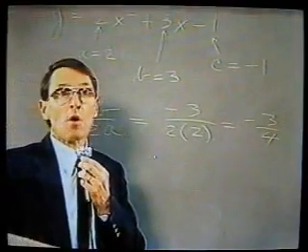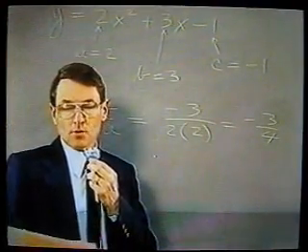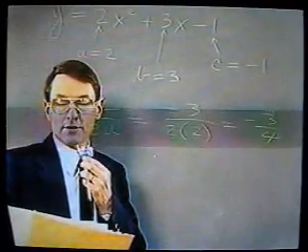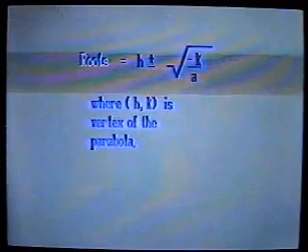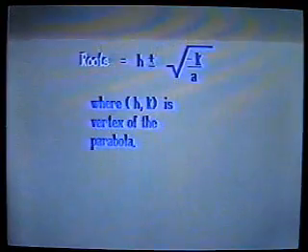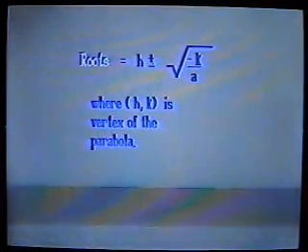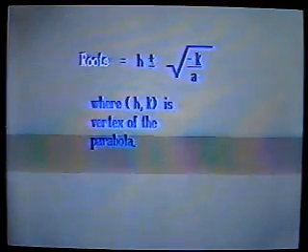If we call these coordinates h, k, we can now use the following simple formula to find the roots of the parabola. This formula derives easily from the standard form of the quadratic.